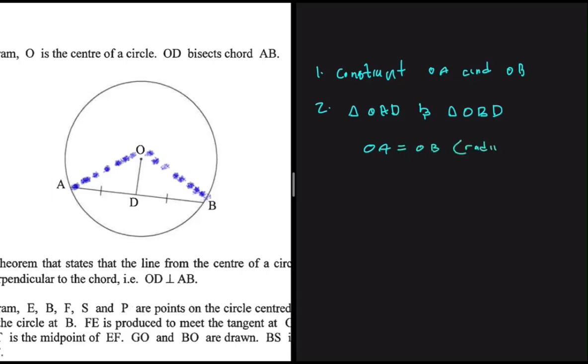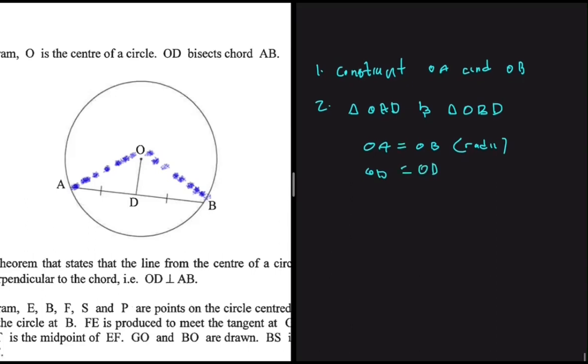They're all radii, right? So they're supposed to be equal to each other. And then now we can say that OD is equal to OD in the 2 triangles because it's a common side, right? So our reason here will be common side. And lastly, we're going to say that AD is equal to DB, right?